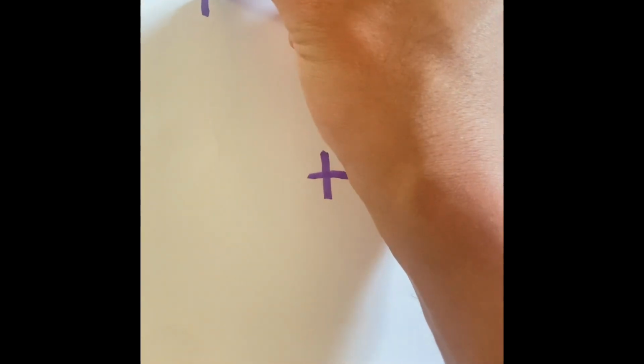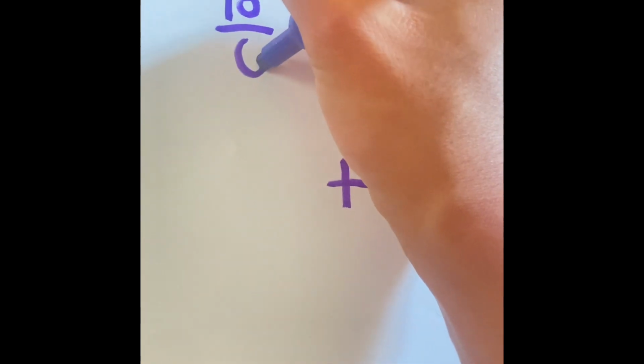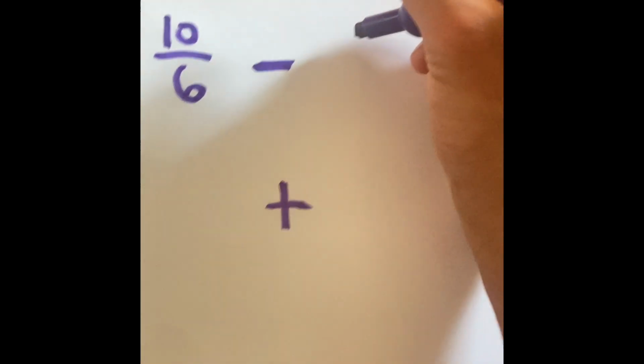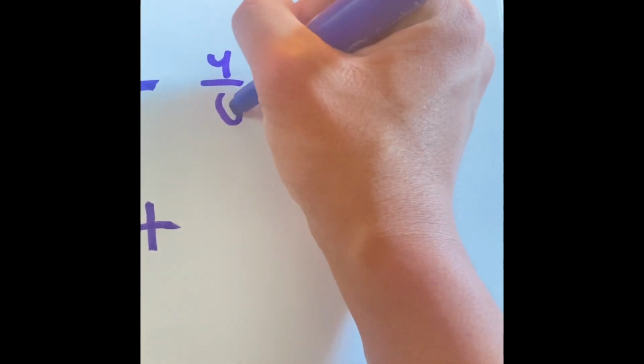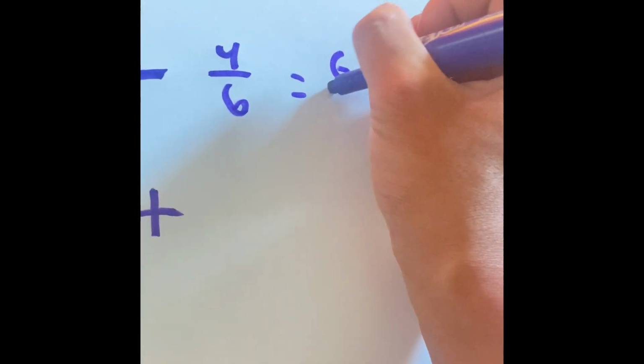Going back to another video, when we were starting to add and subtract fractions, we usually would try to add and subtract where the fractions had the exact same denominator, or something equivalent. So 10 over 6 minus 4 over 6 brings us to 6 over 6.